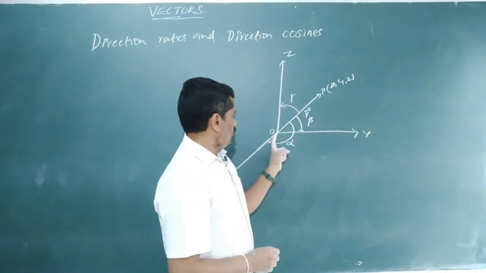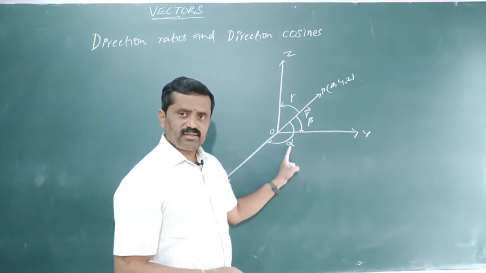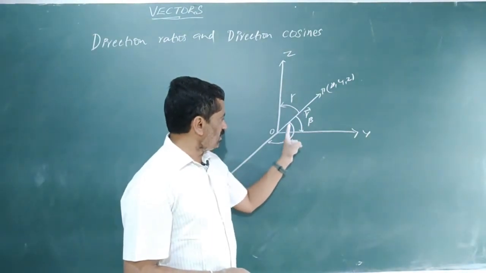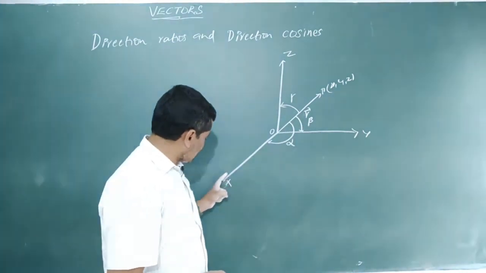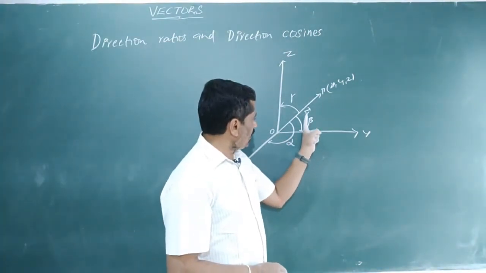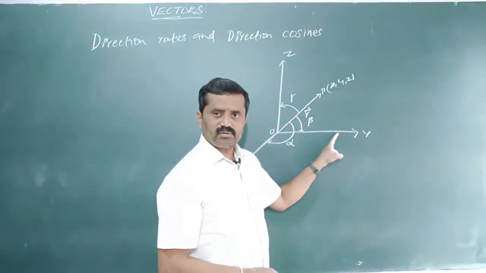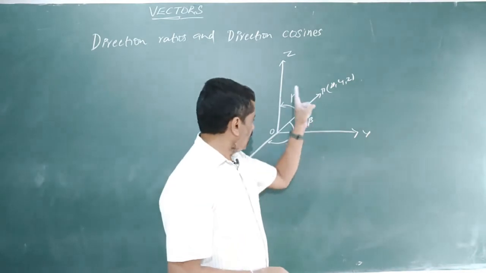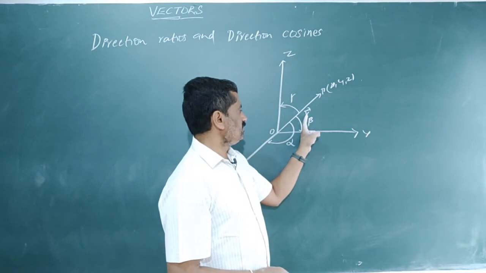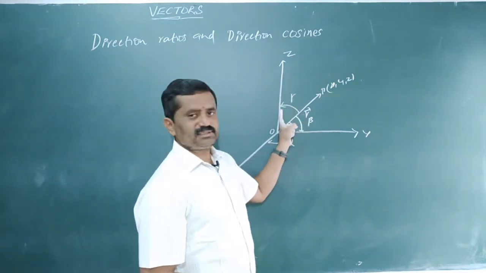Again, O is the origin. Let alpha be the angle made by the vector r in the positive direction of x axis. Beta be the angle made by the vector r in the positive direction of y axis, and gamma be the angle made by the vector r in the positive direction of z axis.